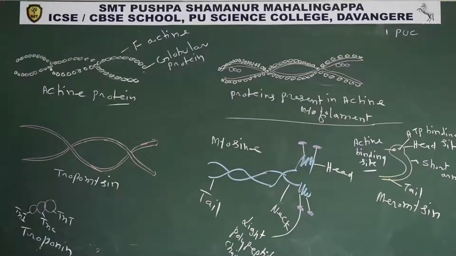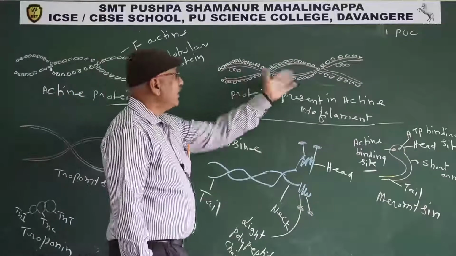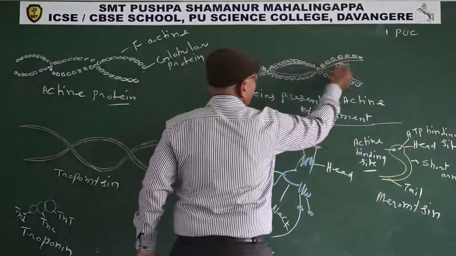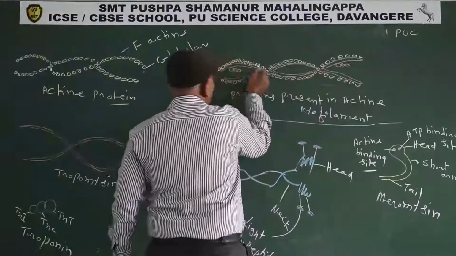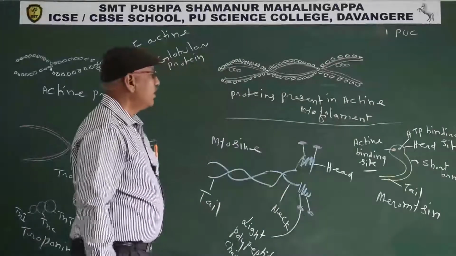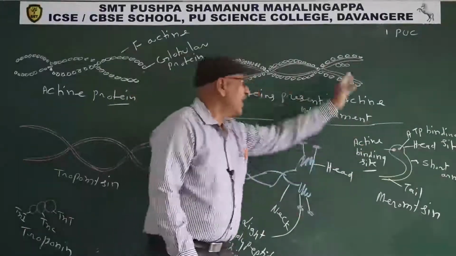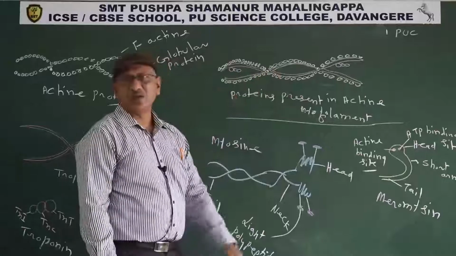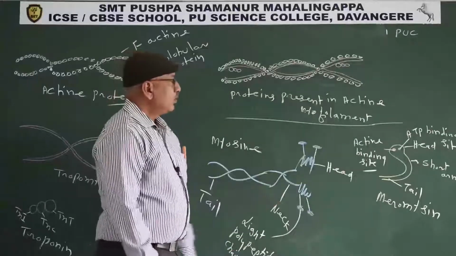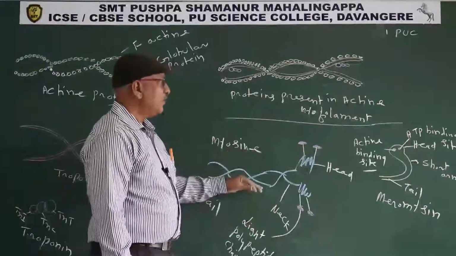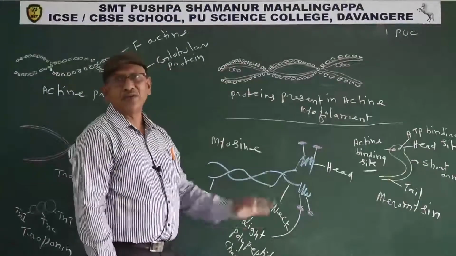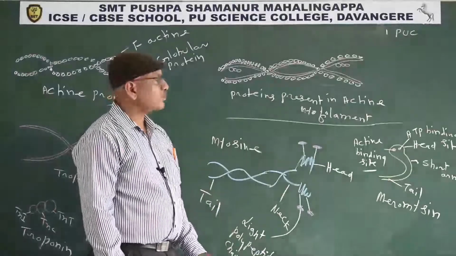In the absence of calcium ions, the troponin-tropomyosin complex covers or masks the active sites. Now the meromyosin head is unable to attach to the active sites. With the help of the meromyosin head, the myosin filament attaches to the actin filament during muscle contraction.